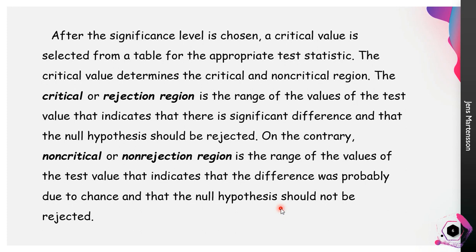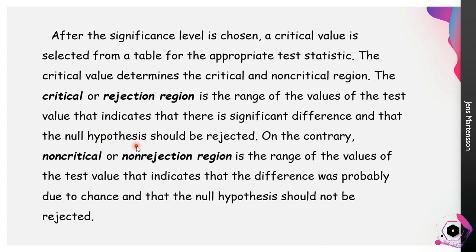Pero pagdating dito mga anak kay hypothesis testing, okay, yung shaded area na yon, yun na po yung tinatawag natin na critical or rejection region. Okay? Ito yung part ng normal curve na kung saan once po na yung values natin dito nag-fall or dito nag-lie, okay, ibig sabihin po nun, we need to reject the null hypothesis.